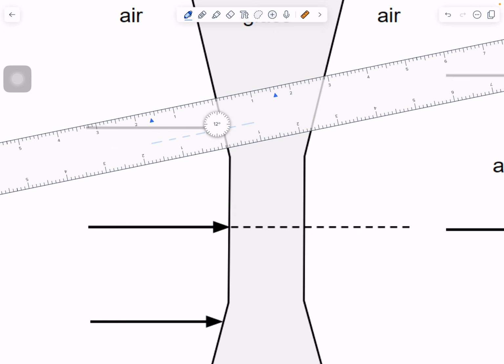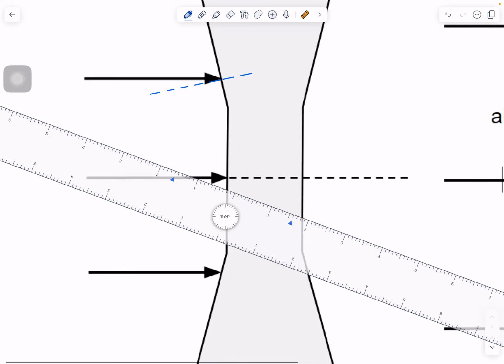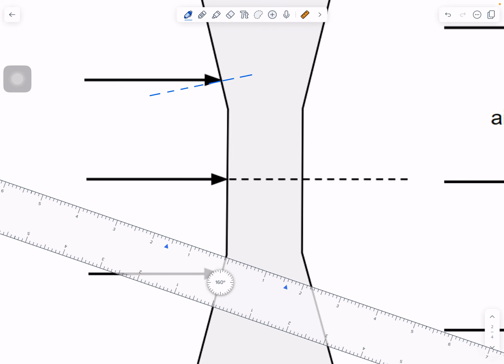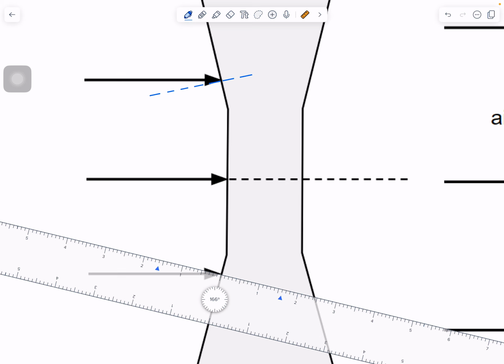And while I'm here, I'm going to do this one as well. So you may wonder how I'm doing this. Let me draw this first in case it goes away. All right, so that's my normal.